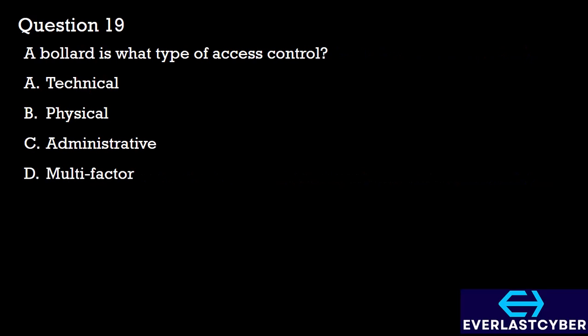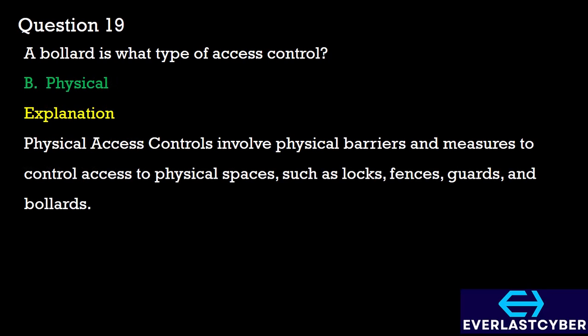Question 19. A bollard is what type of access control? A. Technical. B. Physical. C. Administrative. D. Multi-factor. For this, we'll be going with option B. Physical access controls involve physical barriers and measures to control access to physical spaces.